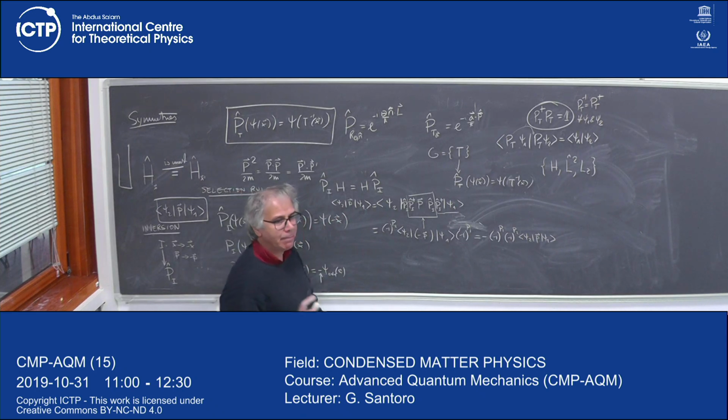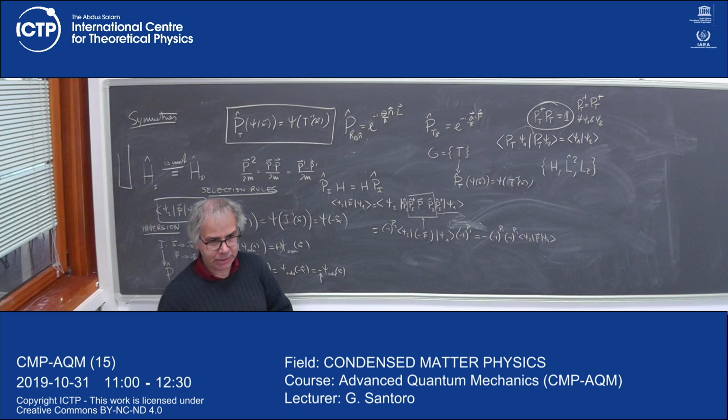Now, if you remember the discussion about spherical harmonics, you remember that the L odd are odd under parity. And the L even, like 0 or 2, are even under parity.